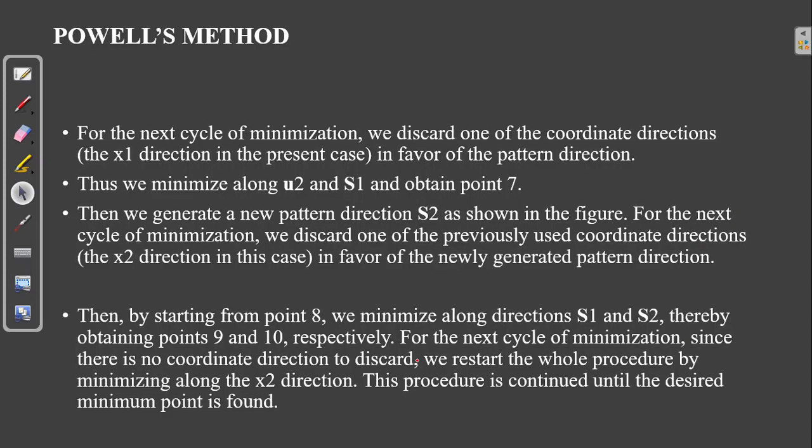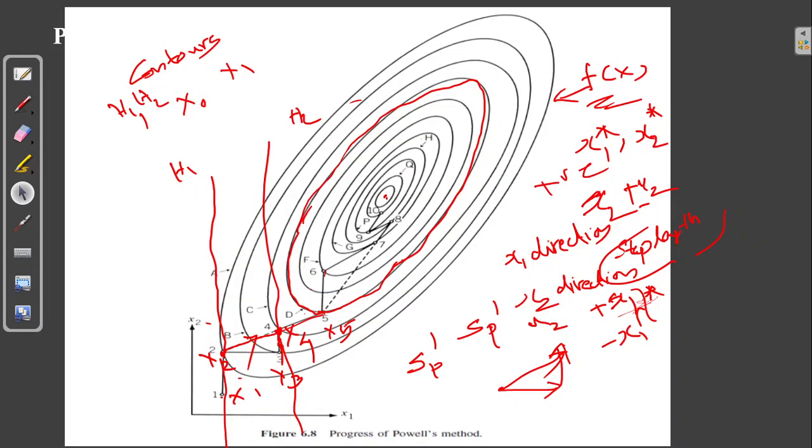So we will minimize along u2 and s1, that is sp1, the first pattern direction, and we will obtain the point 7 like this. That is, from x5 we will optimize in the u2 direction or x2 direction, and we will get x6.